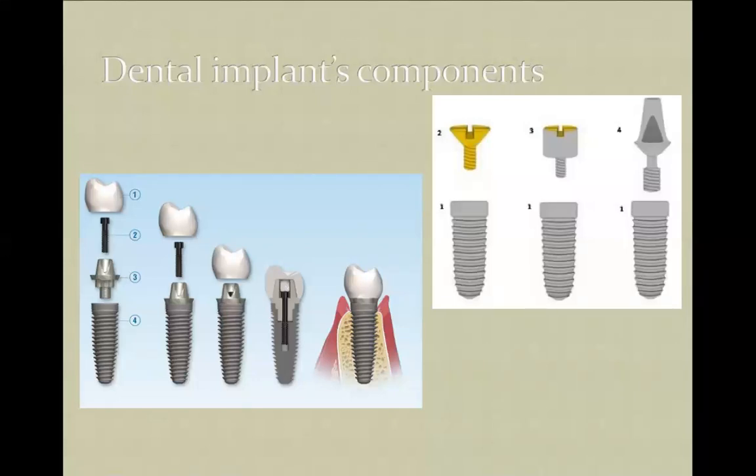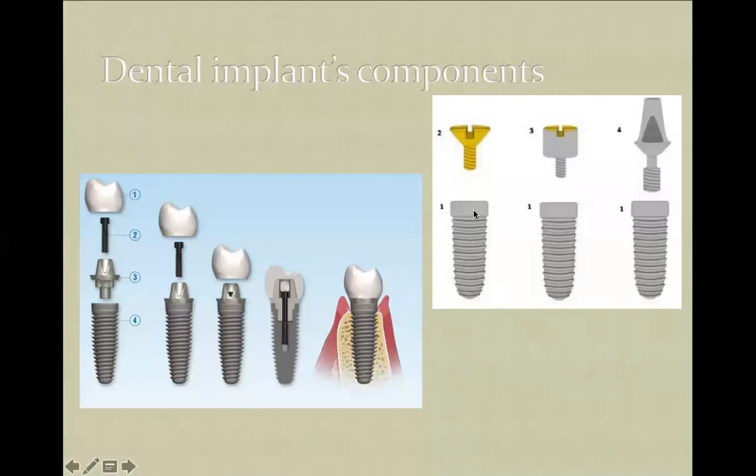But today we're accepting the most successful, most acceptable type of dental implant, which is the screw type, the endosseous type, and which is now, again, in 80% of cases, the implant that will be composed of several components.